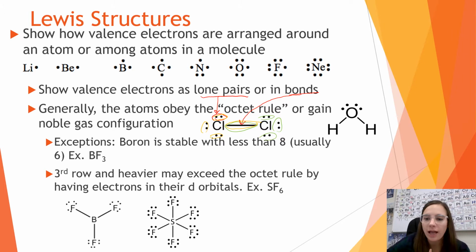Our first couple of elements can't quite hold 8, and so, for example, boron is satisfied with 6 electrons. And then we have some really big atoms that can actually expand their octet. Again, at this point, we're not going to go so much into how that happens and all these different exceptions. We're just trying to look at the basics.